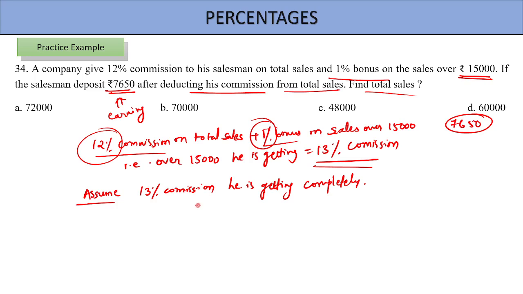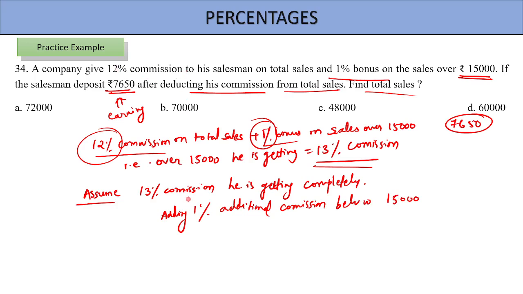That means what we are doing, we are adding 1 percentage additional commission below 15,000. Correct? Below 15,000, because earlier it was 12 percentage commission.